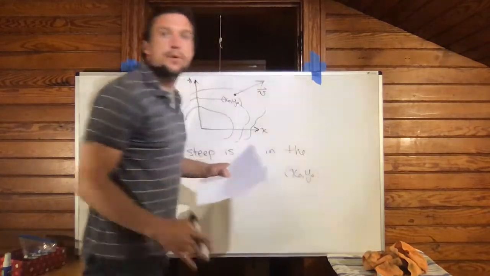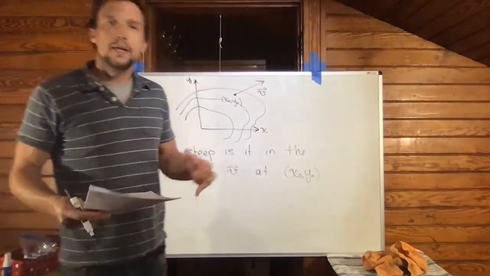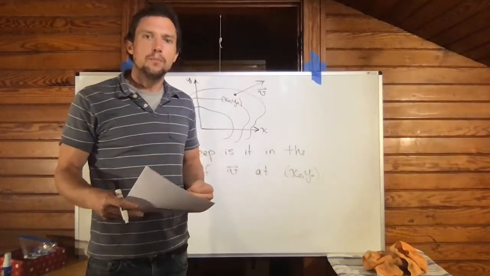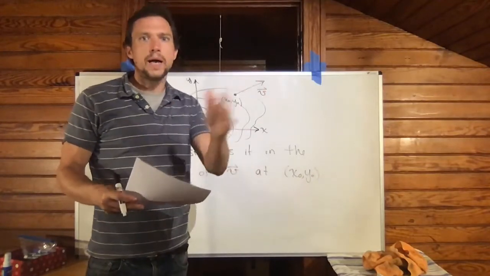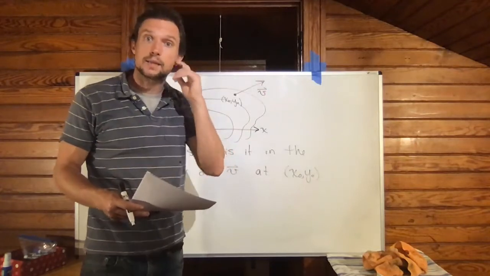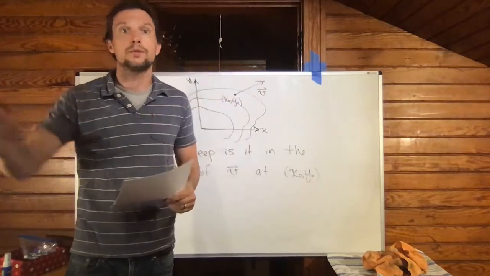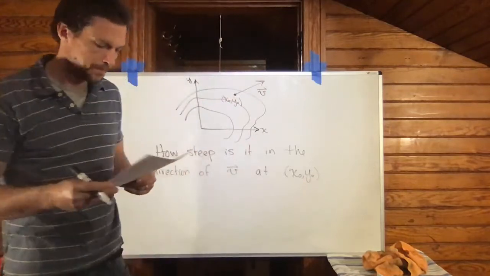And you've done a lot of problems like this in section, where generally you were thinking about steepnesses along the y-axis or along the x-axis. And now we're thinking about steepnesses in just some arbitrary direction that we're going to pick.